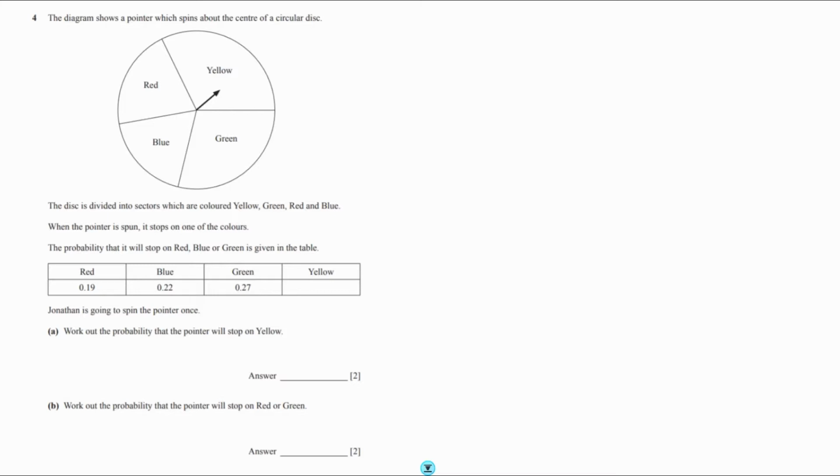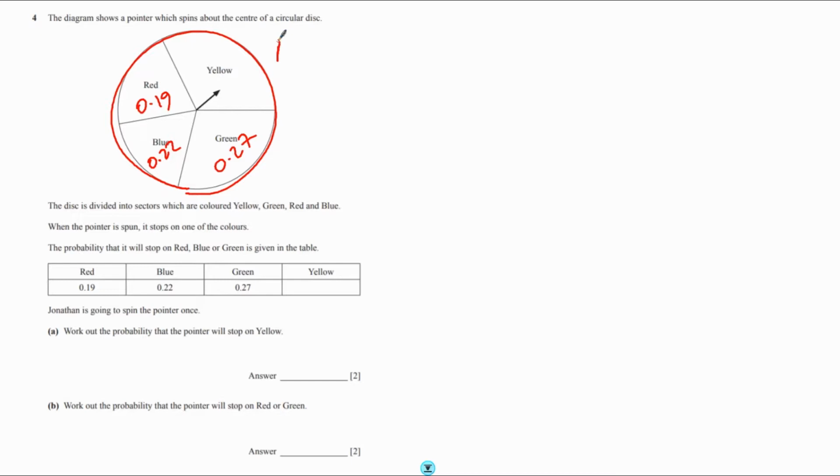So probability of the red in here is 0.19, and the blue is 0.22, green is 0.27. So the probability of the whole circle, which includes all of the events, is 1, because that includes every event.